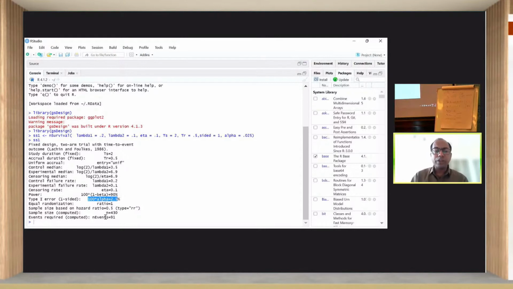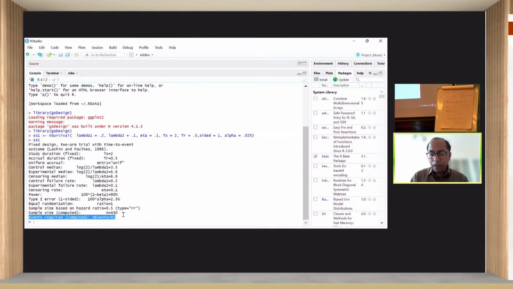Finally we get the required sample size as 430. Not only that, this also gives us the required number of events you need to get, that is 91. So what does it mean? If you have 91 events before recruiting 430 patients, you can wind up your study.